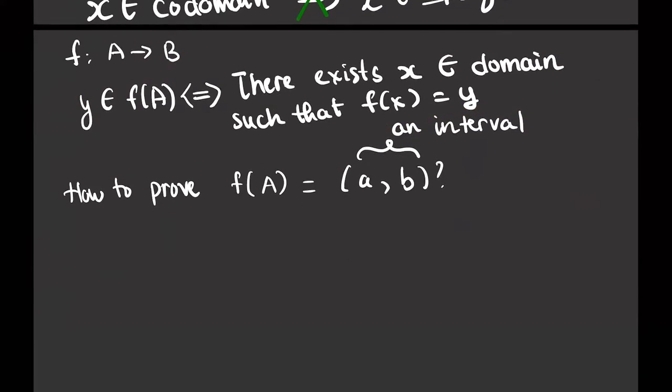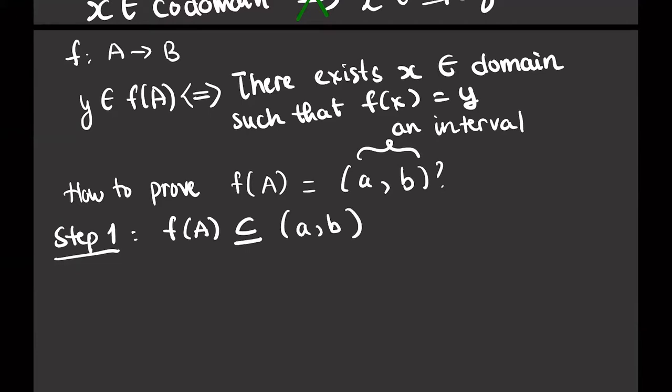In order to prove the image of a function equals an interval, so this is just notation for the interval, we have to do two things. Because the image of a function is a set, and an interval is also a set, as I said in a previous tutorial, in order to prove set equality, we have to use double inclusion. So first step, we have to prove the image of the function is a subset of the interval.